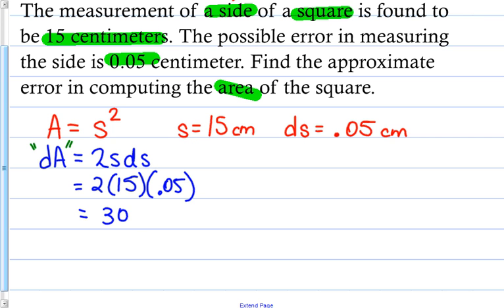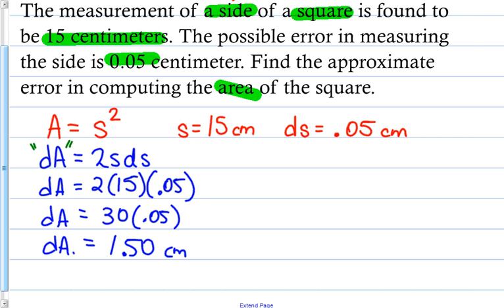So 30 times 0.05. Like 30 times 5 is 150. Take into account the 2 decimal places, so 1.50. So the change in area, this is dA, is 1.5 centimeters squared.